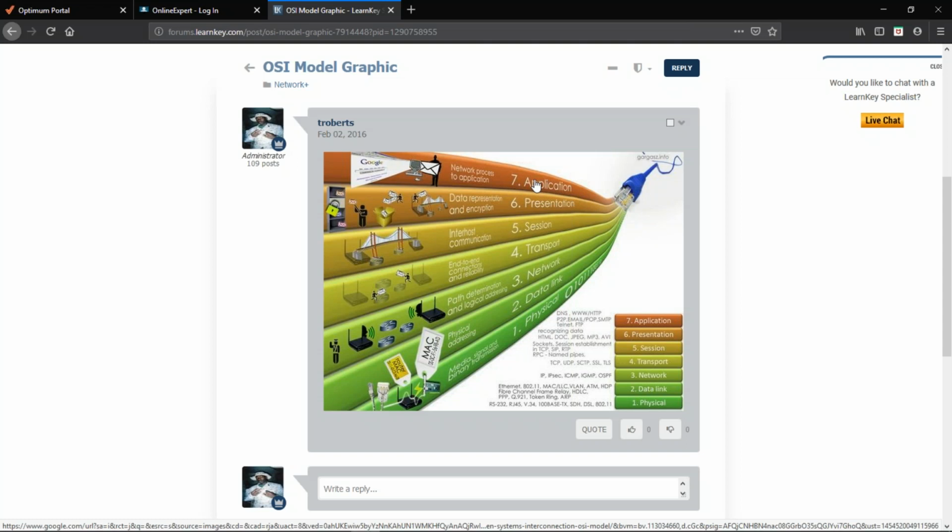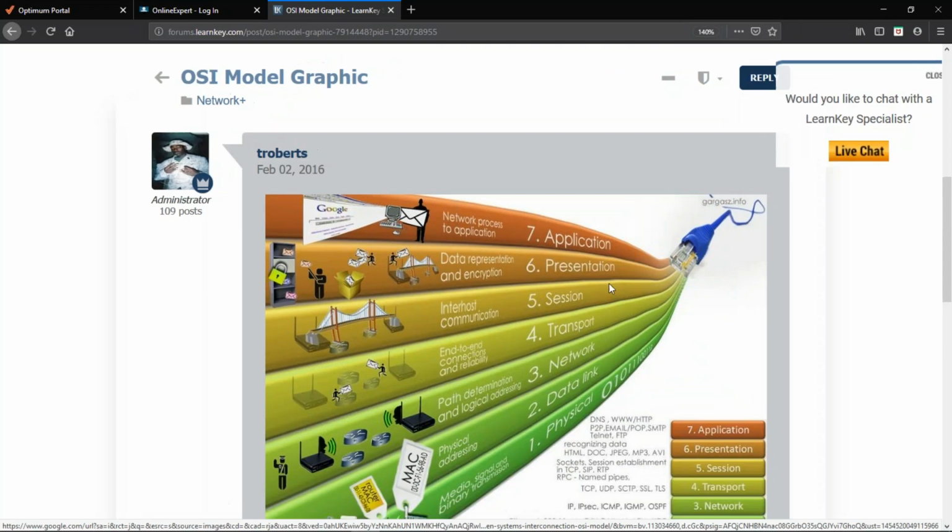First and foremost, you want to make sure that you can put all these in order, either from top to bottom or bottom to top, whichever works for you. It could ask you a simple question like, you're having a problem at layer 4, which layer is that? So you have to be able to match the actual layer with the number, and vice versa as well.